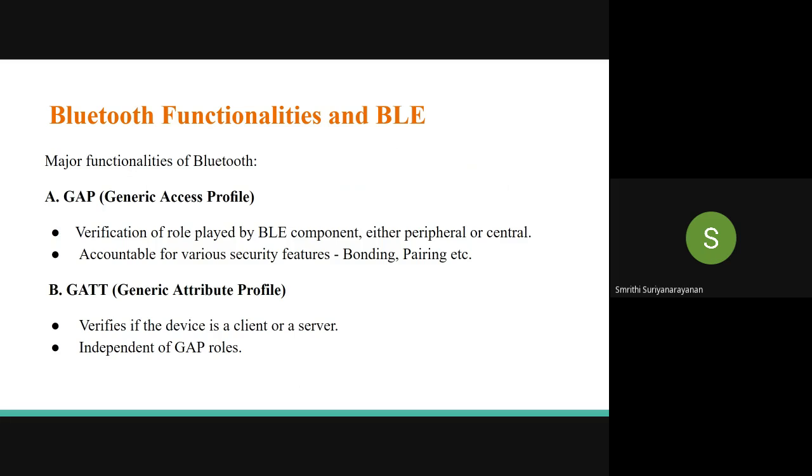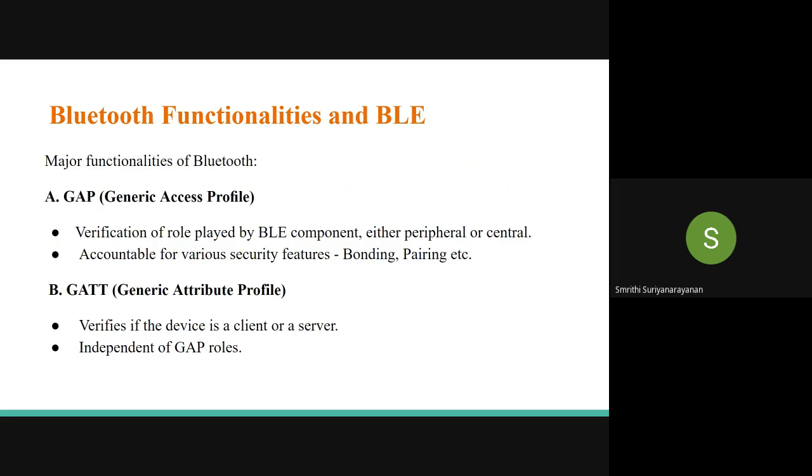As a peripheral role, it advertises and is open to connect to other devices having the central role. In the central role, it scans for advertisements and initiates connections to other devices having a peripheral role. It is also accountable for various security features such as bonding, pairing, and device authentication.